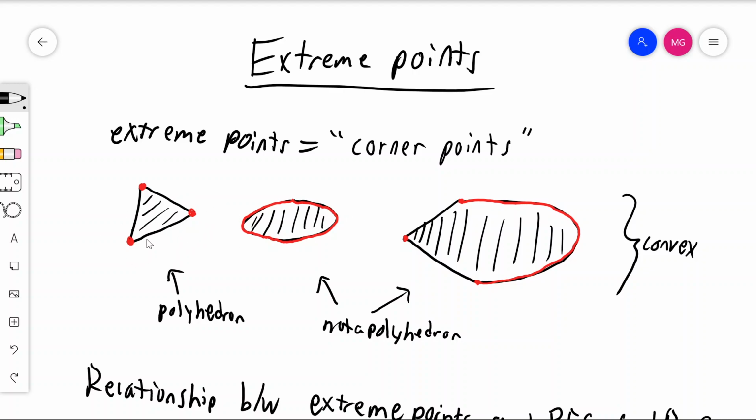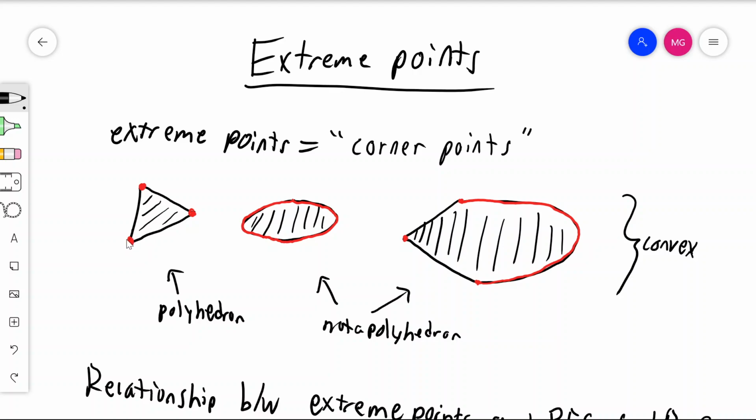Let's just take the polyhedron here, this triangle. For example, this red point, this bottom left corner, is an extreme point because I cannot find any line segment inside this triangle such that this point is on the interior of that line segment.